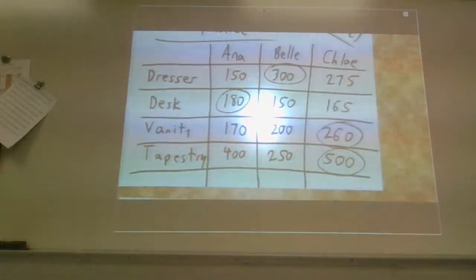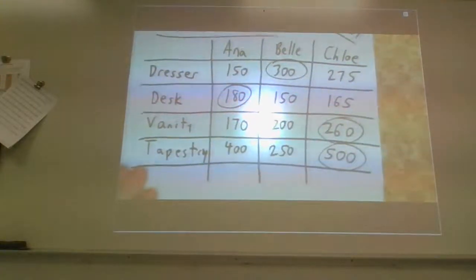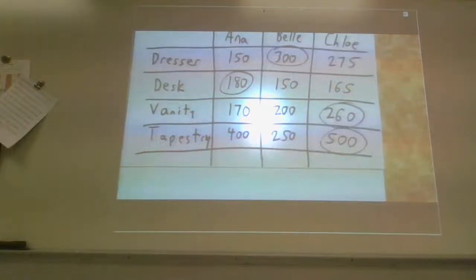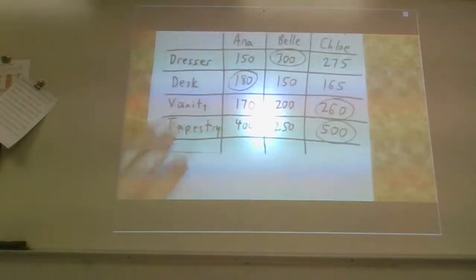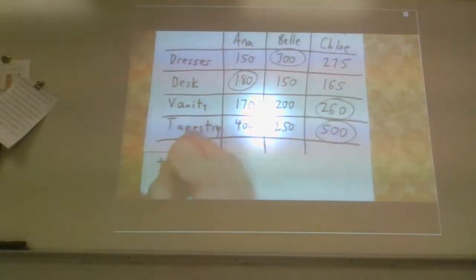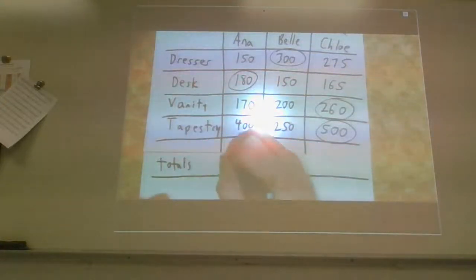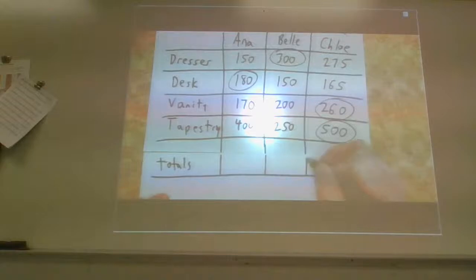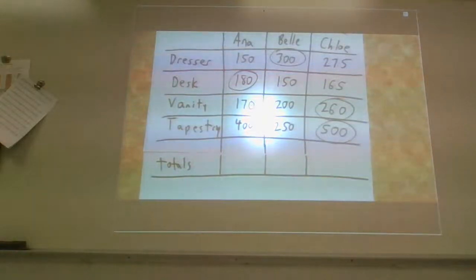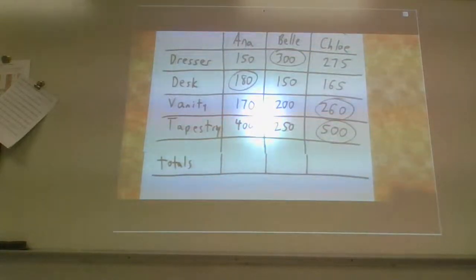So let's figure this out. First of all, let's figure out their totals. The totals are the total amount of value that they would attribute to all 4 items. So I'm just going to calculate this up real quick. 150, 180, 170, 400.